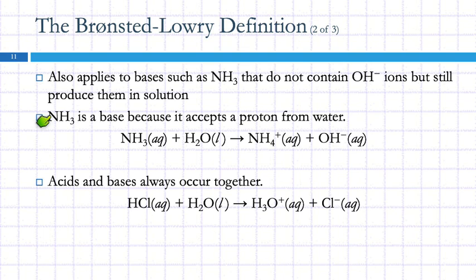Well, it's a base because it accepts a proton from water. So here we have ammonia, and here we have the water. The water is going to give a proton to the ammonia, an H+. So then we get NH4+, the ammonium ion, and hydroxide ion. So ammonia does form hydroxide ions in aqueous solution.